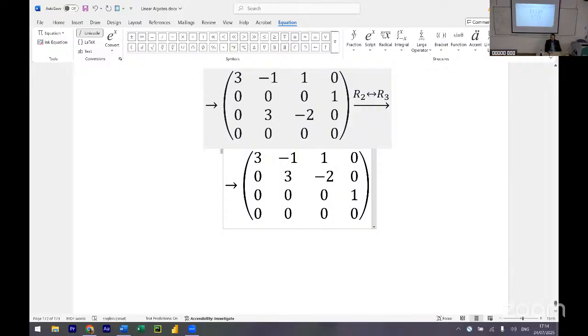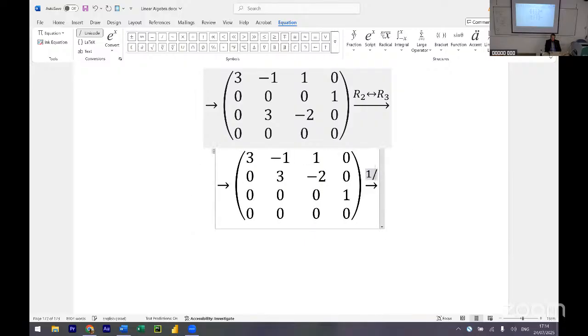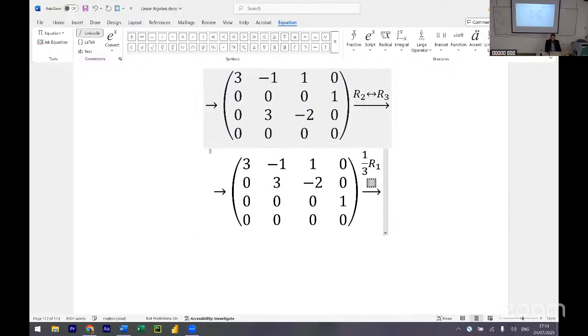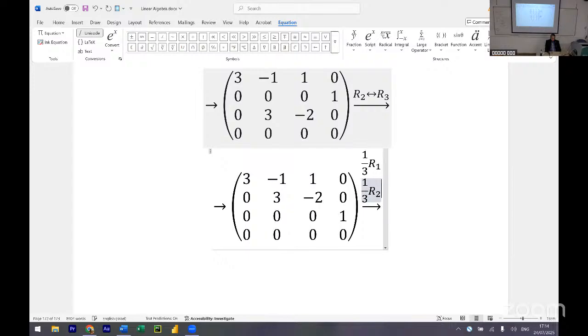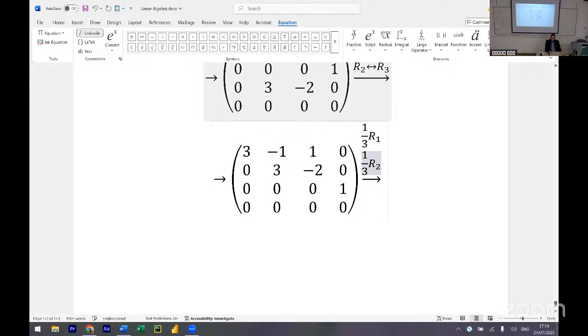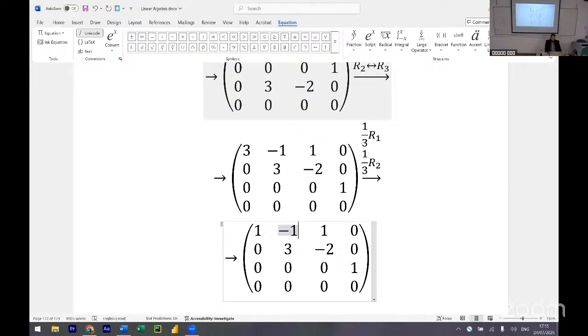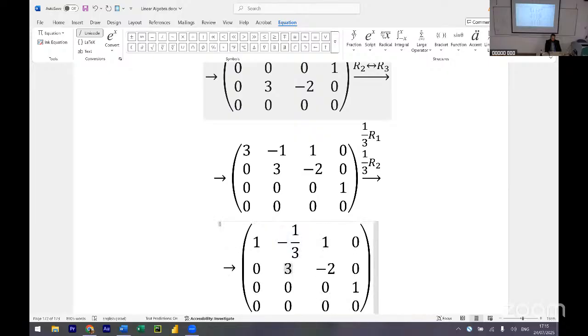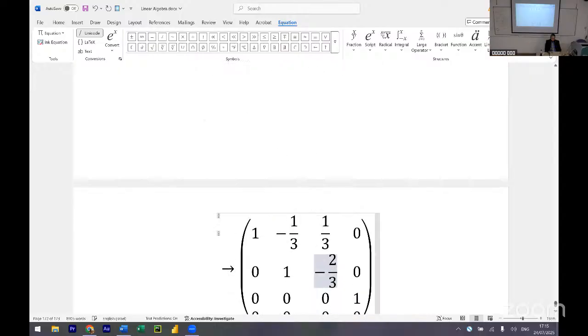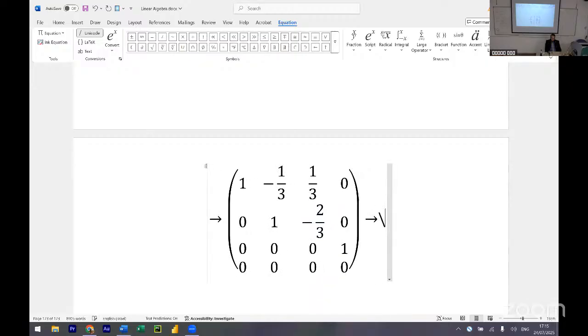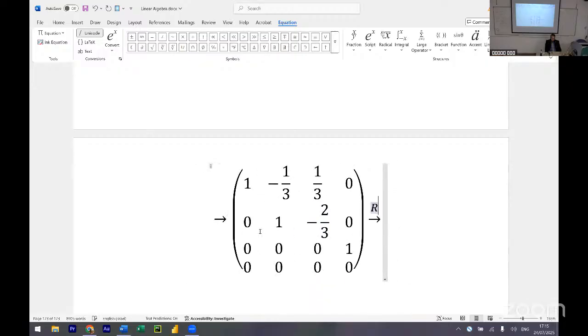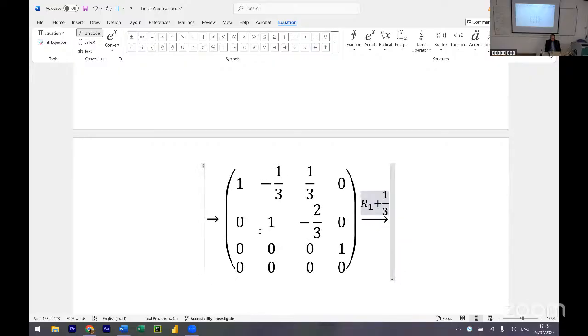So divide the second by 3 and the third by 3, then R2 minus 2/3 of R3, and last but not least R1 plus a third of R2.